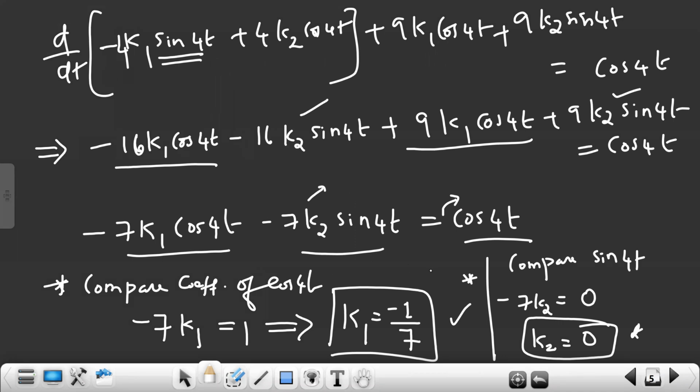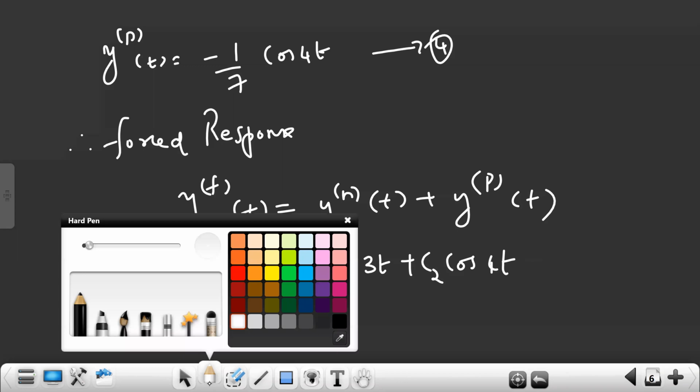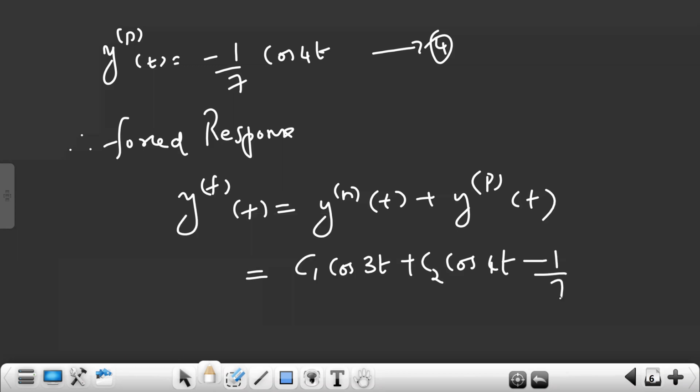You have to practice these problems. It is very easy, but you need thorough practice. Then I will give you a few problems next week to practice. Plus Yp is minus 1 by 7 cos 4t.